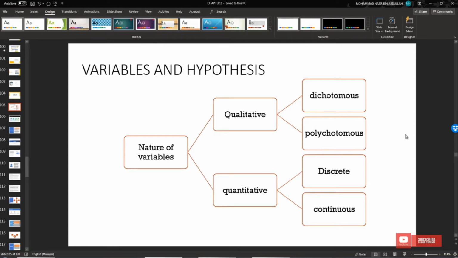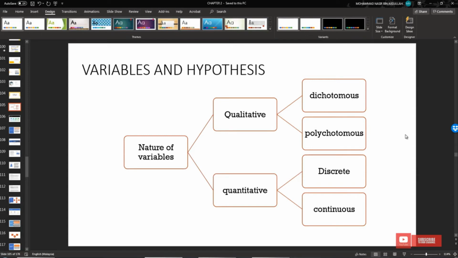Under qualitative variable, we have two types of scales. First is nominal scales. Another one is ordinal scales. Both are categorical or qualitative variables. But the difference is that nominal is a categorical variable where the levels are not in order.